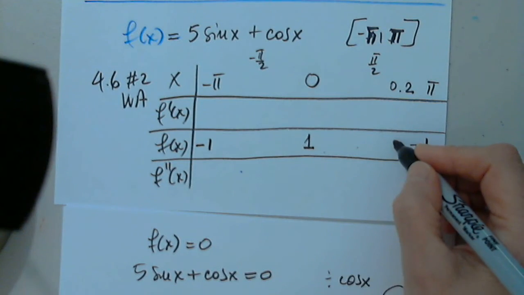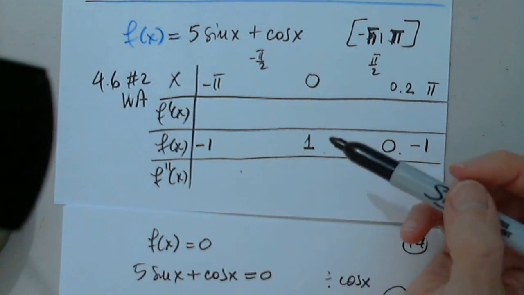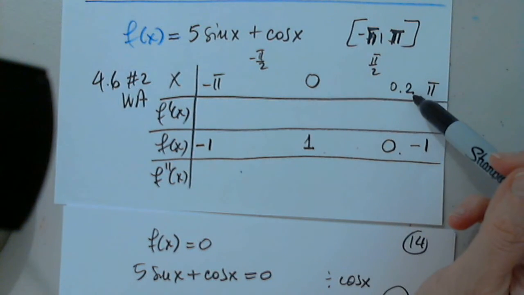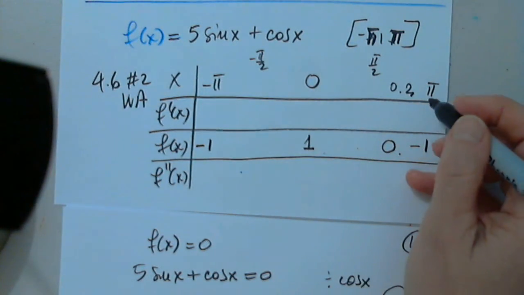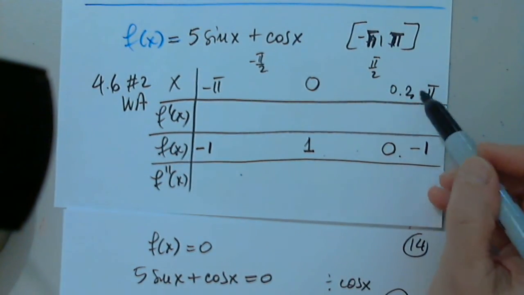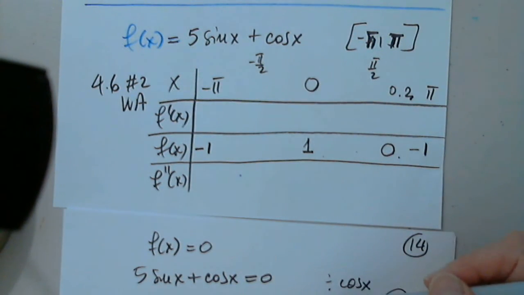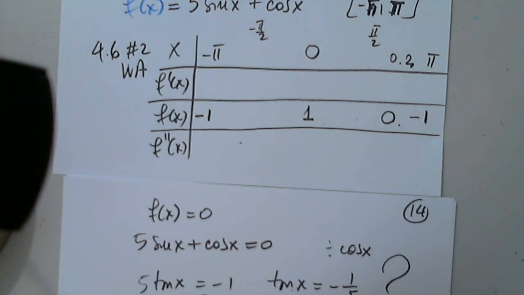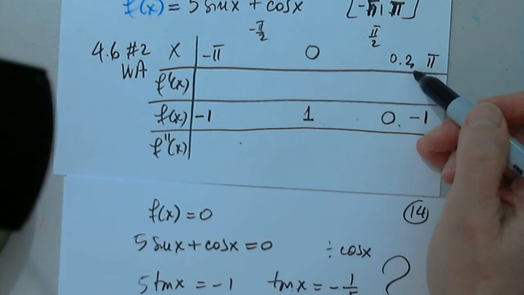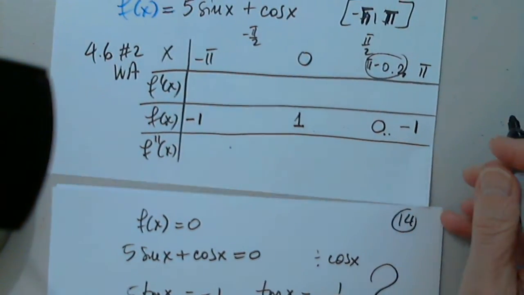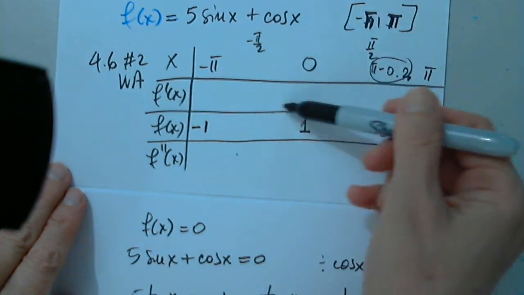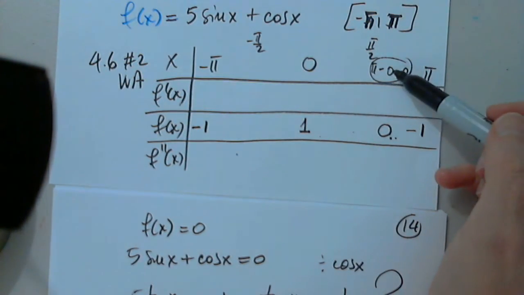So this is the 0 here. Oh yeah, it's not 0.2, it's a number close to pi. Okay, pi minus 0.2. So that's what this is. Pi minus 0.2 when the function is 0. That's what it is with these functions. Just notice I haven't even gotten to this first derivative yet.